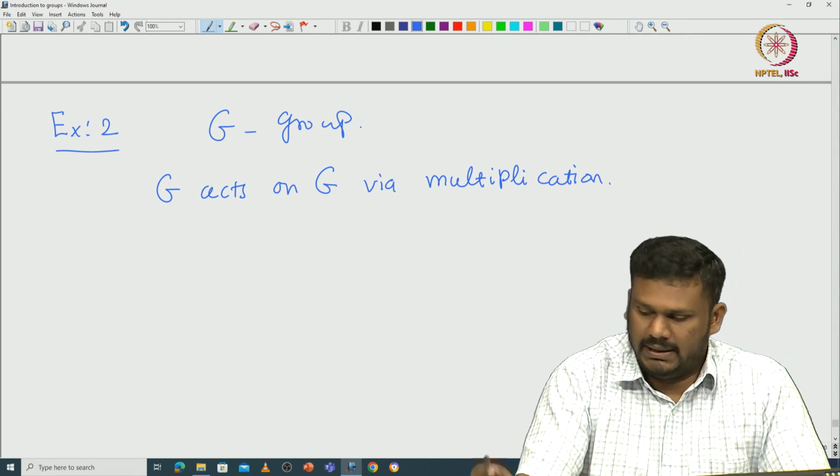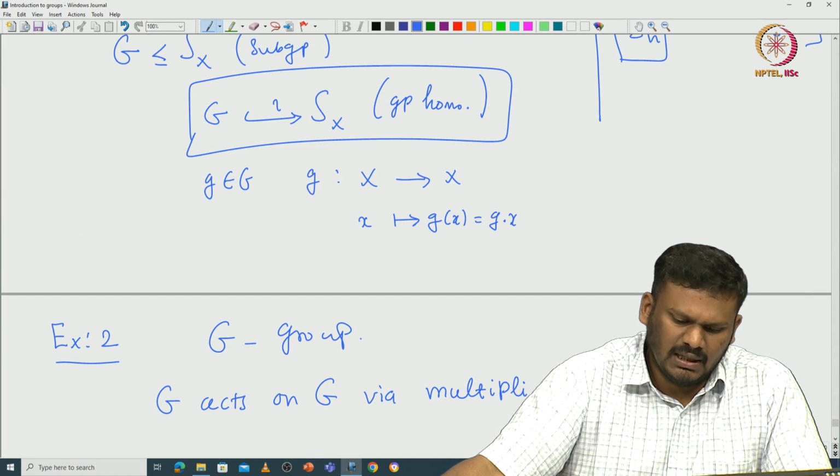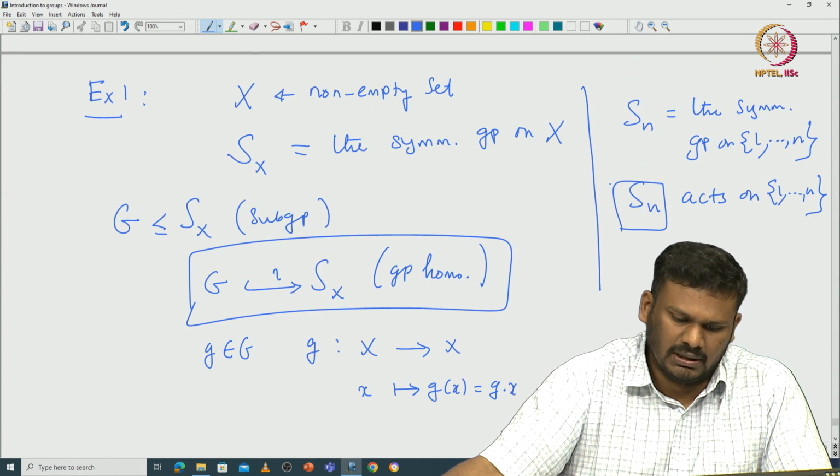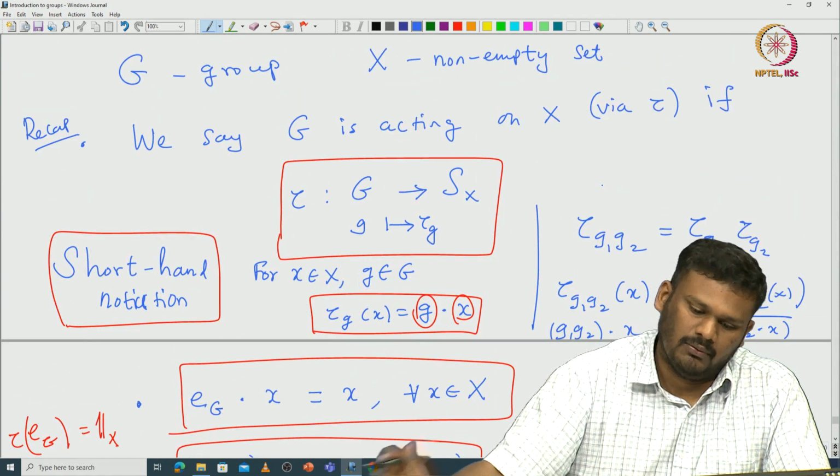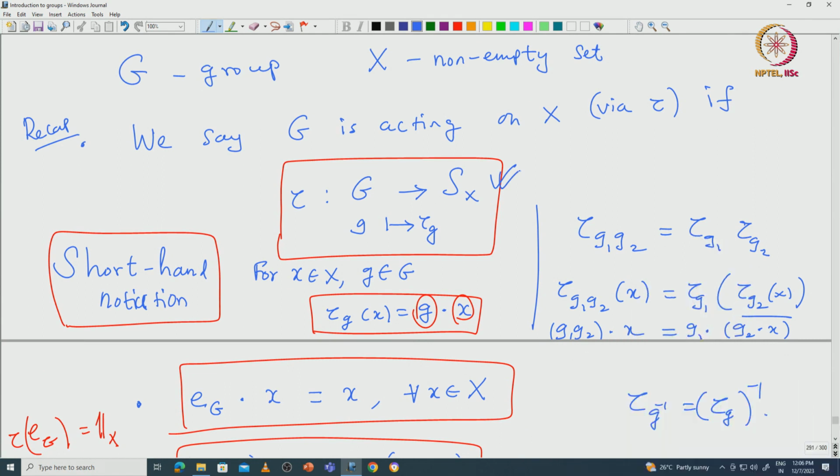I did not really differentiate between the right action and left action, but from the notation it is clear, once I define group action using this homomorphism. So, it is only a matter of notation. If I write the image tau G of x as G dot x, then we are talking about the group acting on capital X from the left. So, this is a way of writing G dot x.